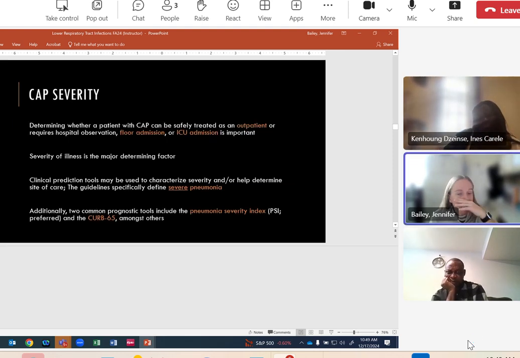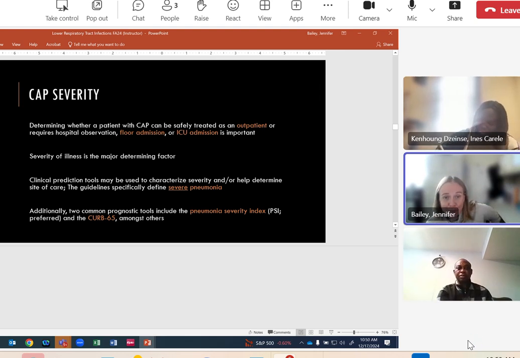So after a patient is defined as having CAP or HAP, the next thing that needs to happen is they need to be assessed for severity. This is the same kind of process for almost all the disease states: severity is what's going to determine and help us to use the treatment algorithms so that we can use the guidelines.